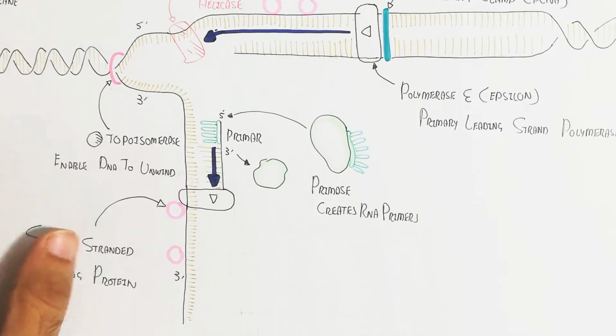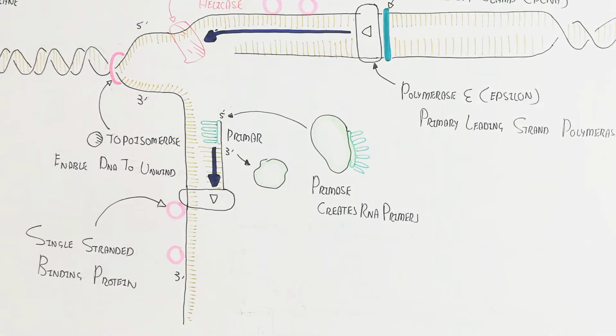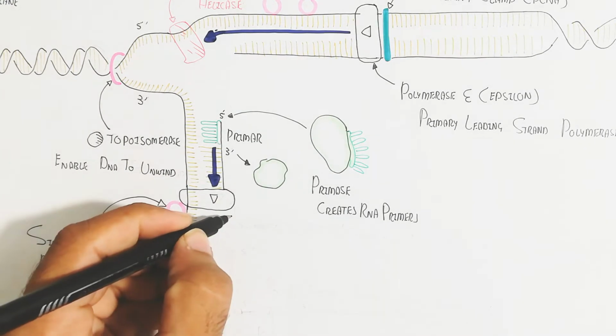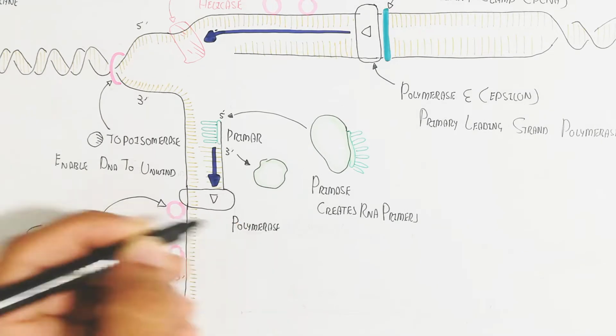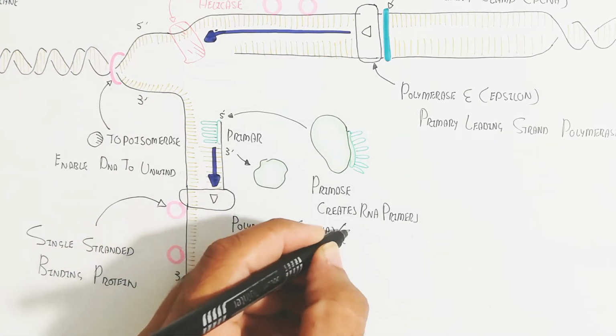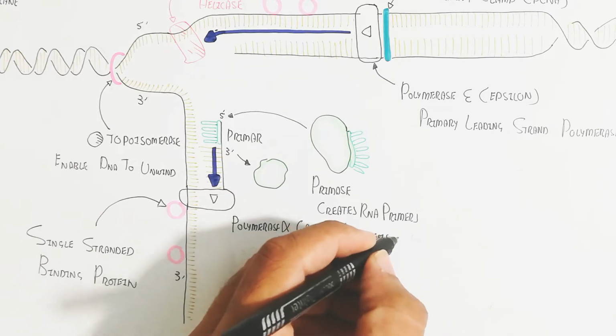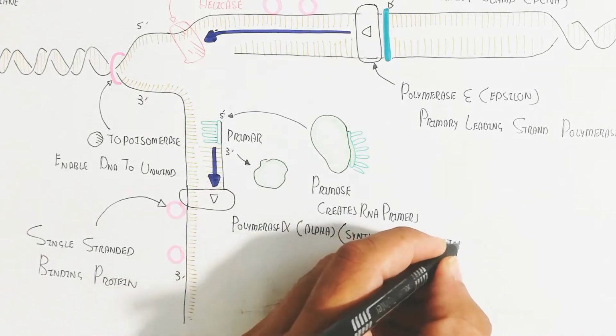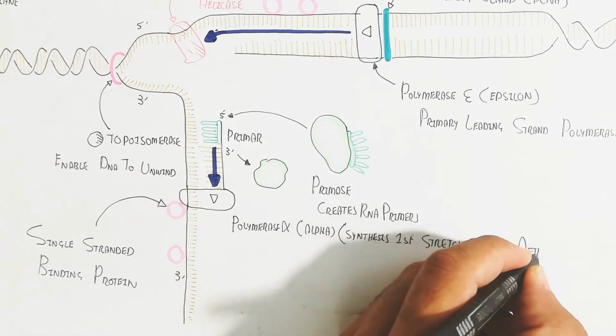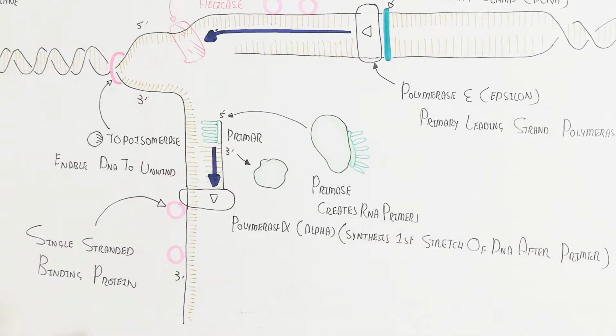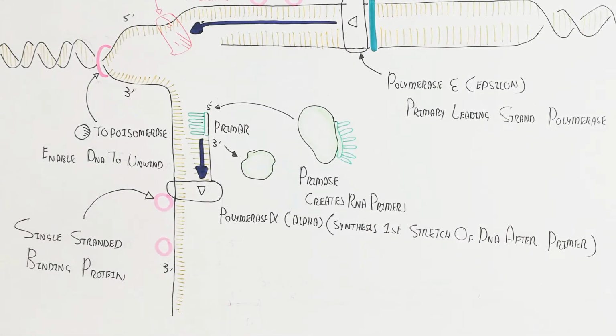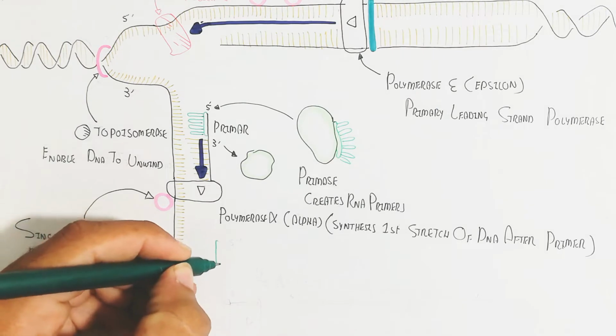So here is polymerase alpha, which synthesizes the first stretch of DNA after the primer. The single-stranded binding protein is here, and again a primer is added, segment by segment.